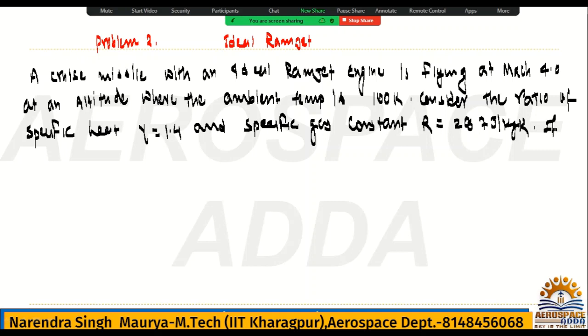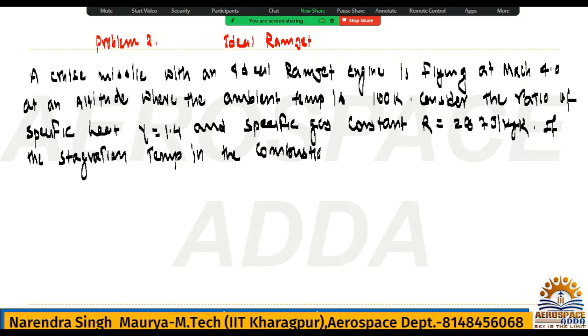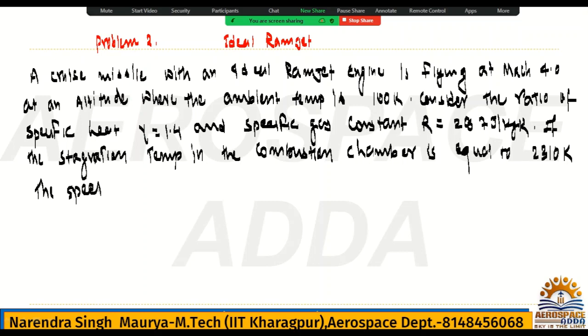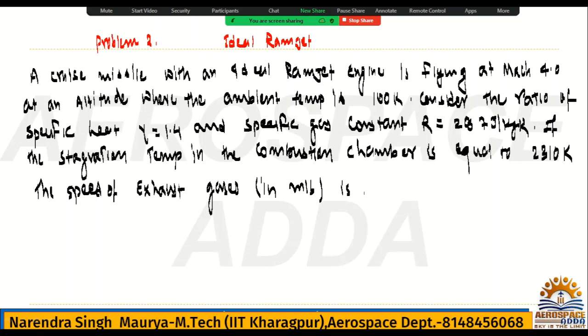If the stagnation temperature in the combustion chamber is equal to 2310 Kelvin, the speed of exhaust gases, it is also in meter per second, is again fill in the blank.